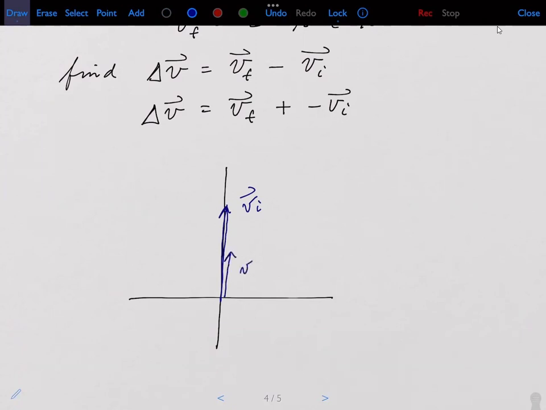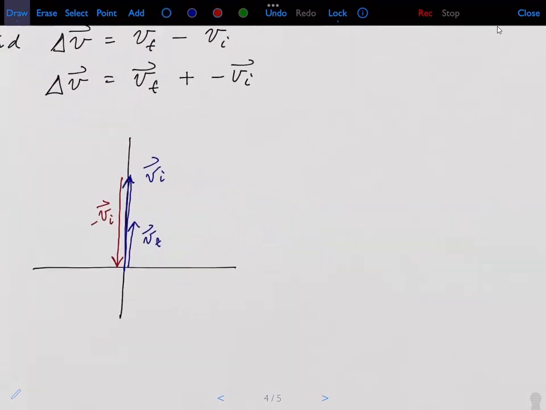So it's like half the length here, v final. So if I want to do v final minus v initial, first of all, if v initial is pointing straight up, right, 90 degrees, and it has that length, what is negative v initial going to look like? Well, it's going to look like this, right? It's going to be the same length, but it'll be pointing down. So this is like negative v initial. It's pointing down. So if I want to add those two together, I'm going to draw this again.